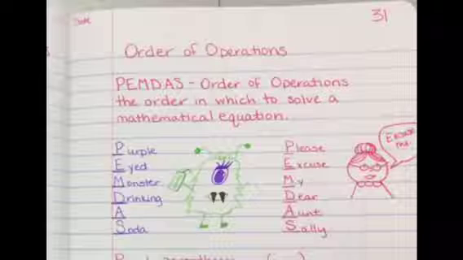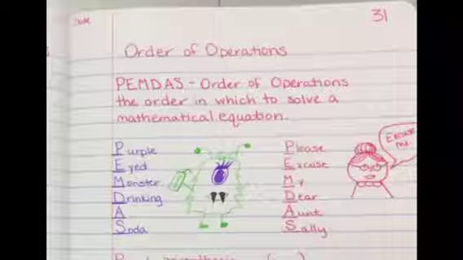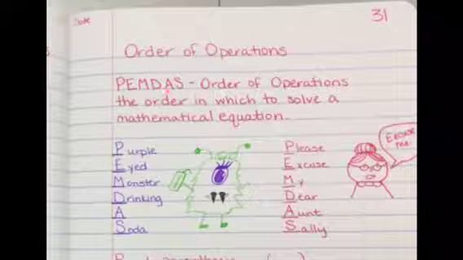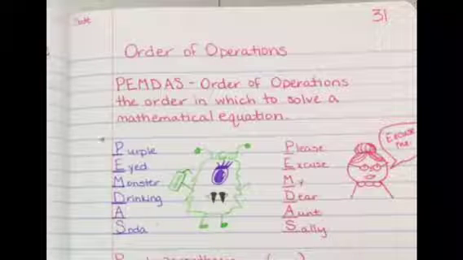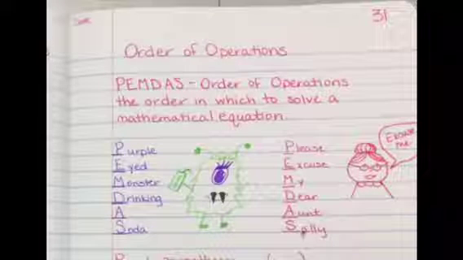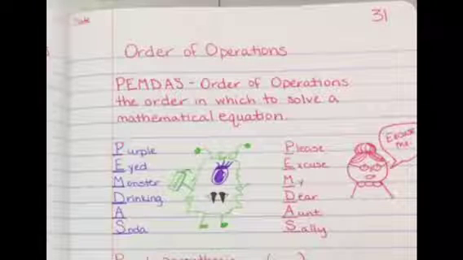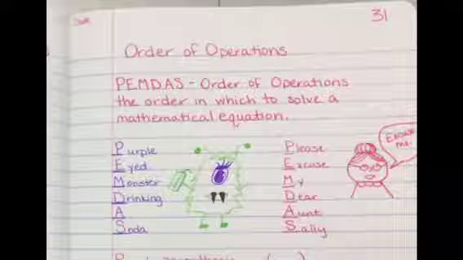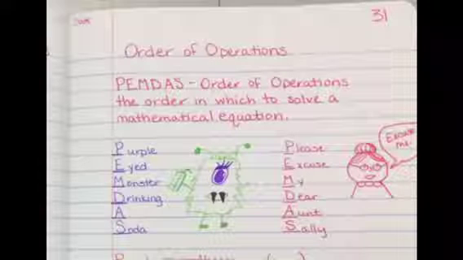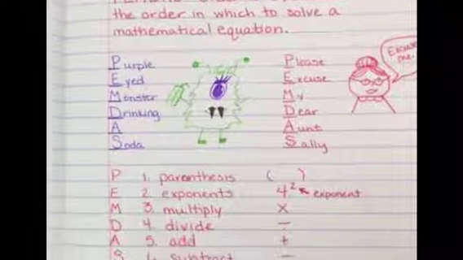So either way you want to remember, you can just say PEMDAS and remember PEMDAS, or you can remember a purple-eyed monster drinking a soda, or please excuse my dear Aunt Sally. Whatever works for you.